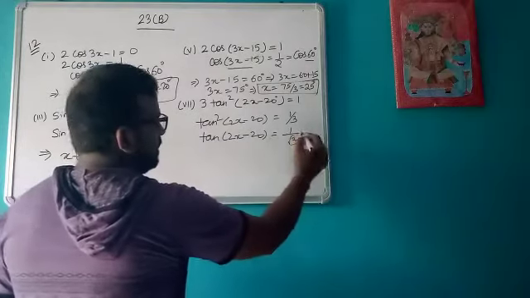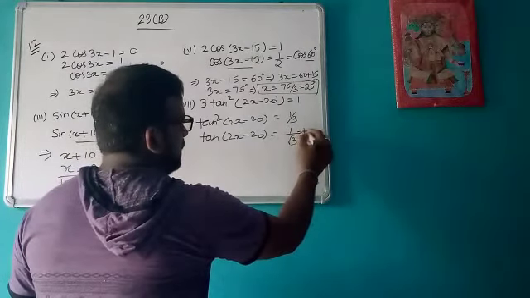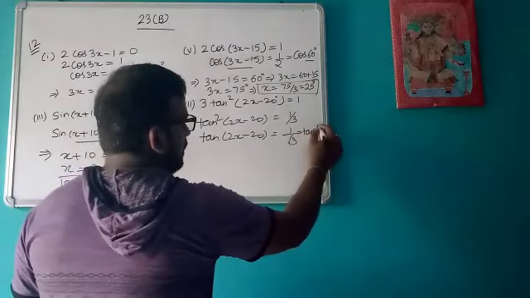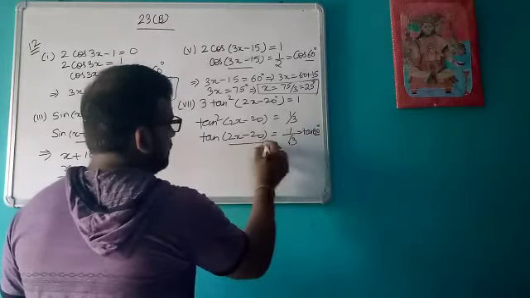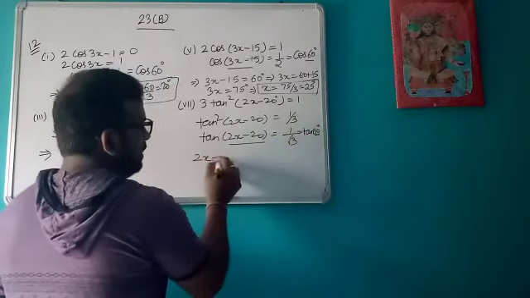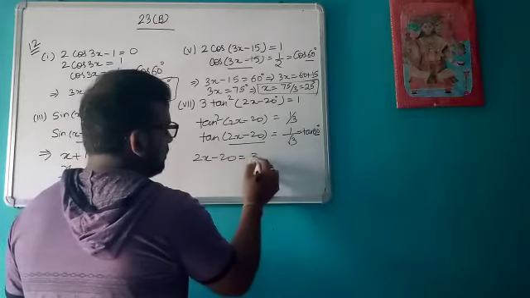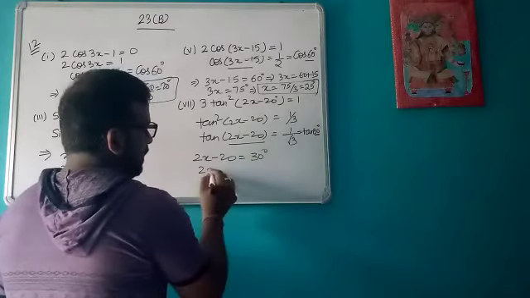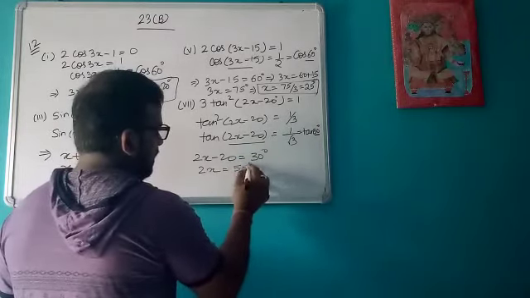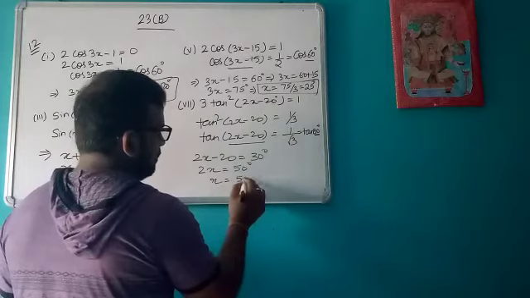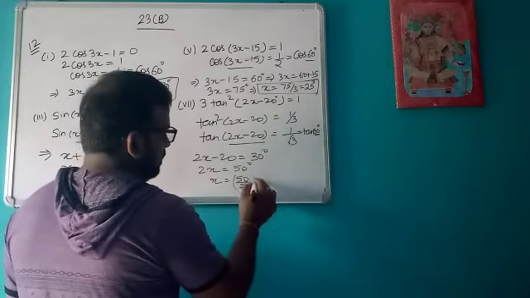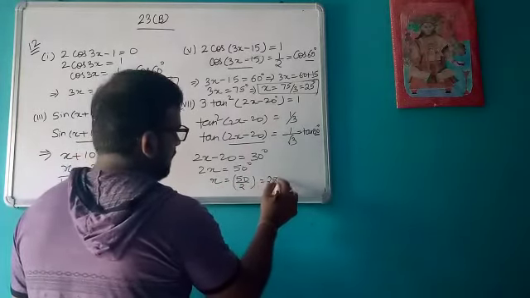So tan is equal to 1 upon root 3 when it is 30 degrees. So again in the same manner we will compare the angles. You will get 2x equal to 50 and x equal to 50 by 2, that is 25 degree.